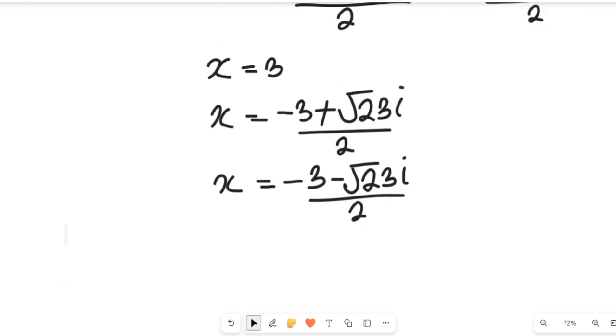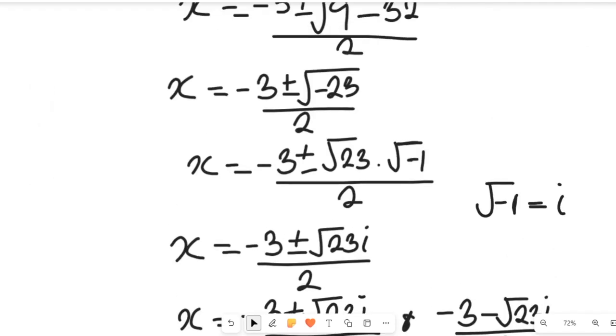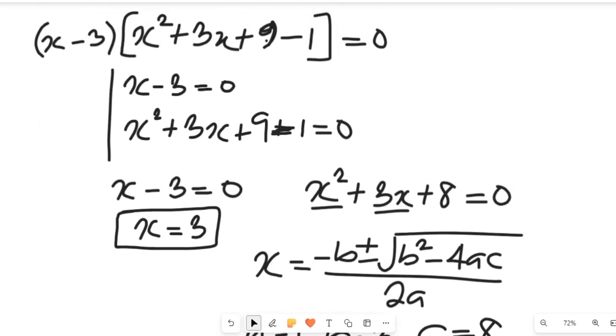So these are the three solutions to the polynomial equation given to us up there.